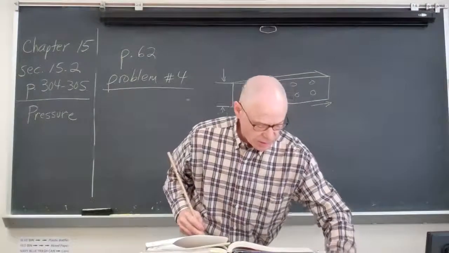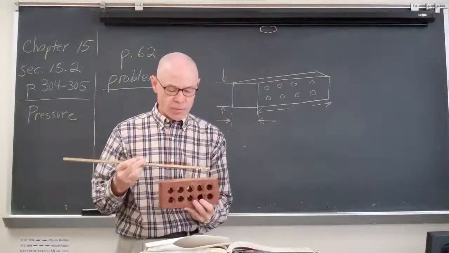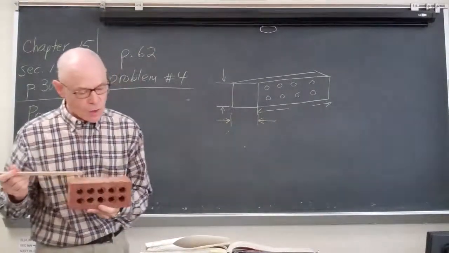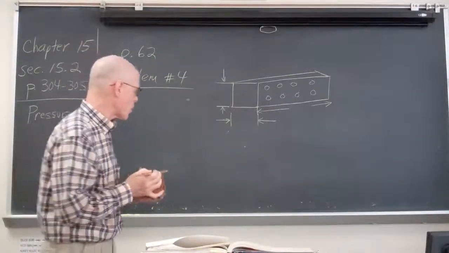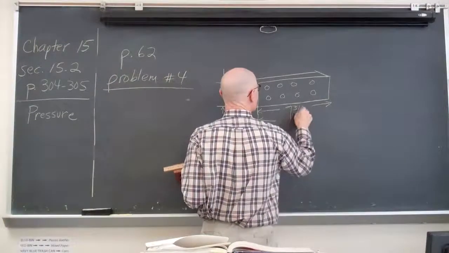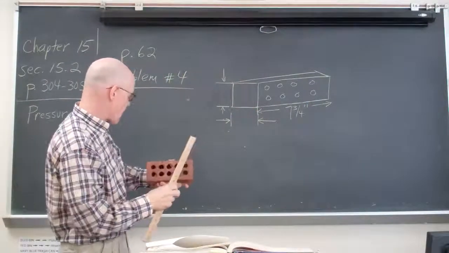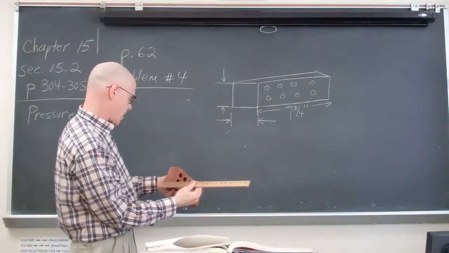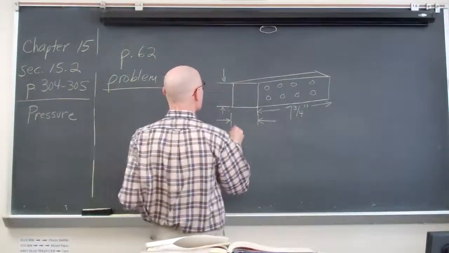So let's measure the dimensions of this brick. I'm just going to use a ruler. We're going to do this in English. So one dimension is 7 3/4 of an inch. That's the long dimension. And then the short dimension looks like it's 2 1/4.